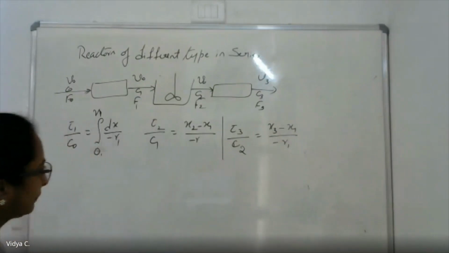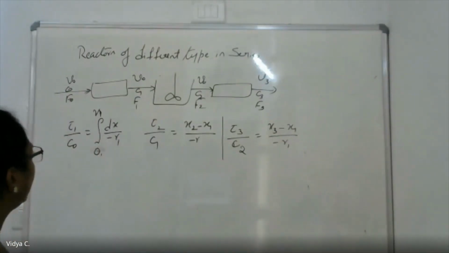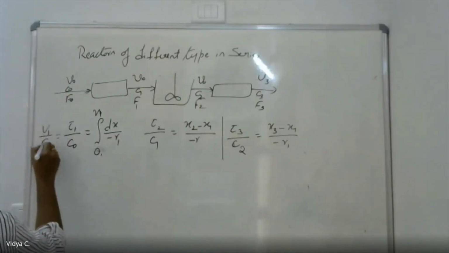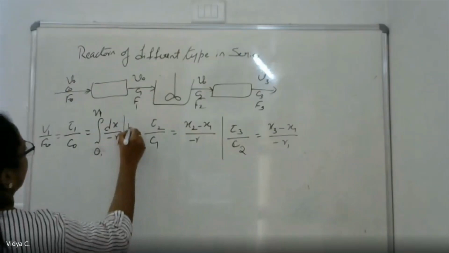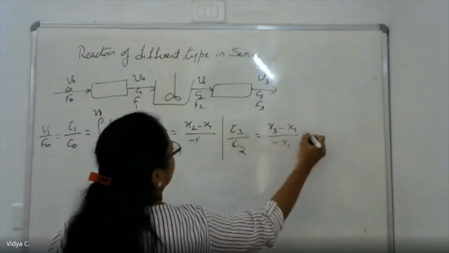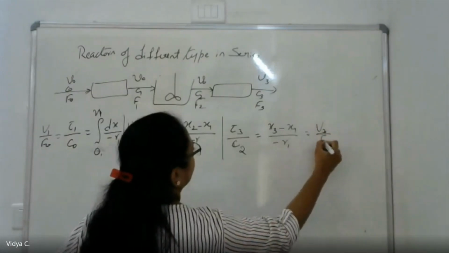Written correctly, V by F naught is equal to tau by C naught, or this is also equal to V1 by F naught, V2 by F naught, V3 by F naught.